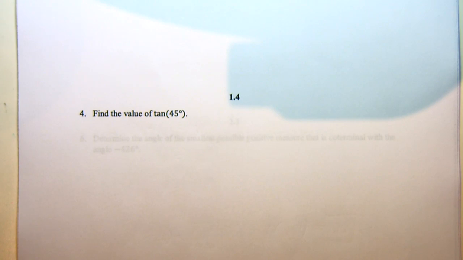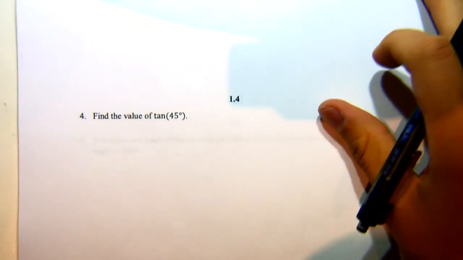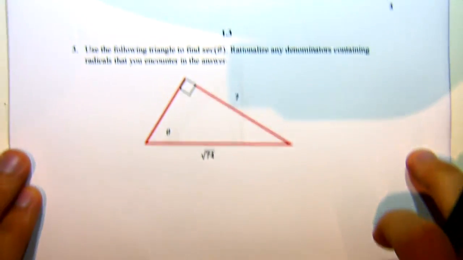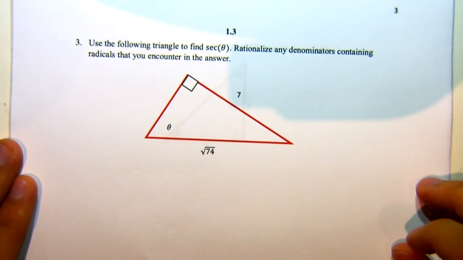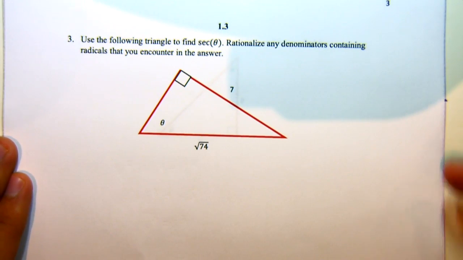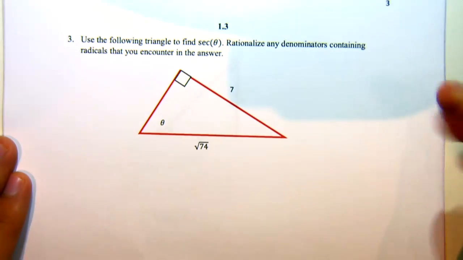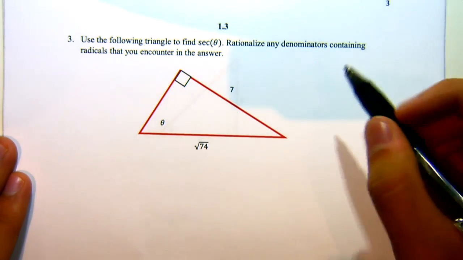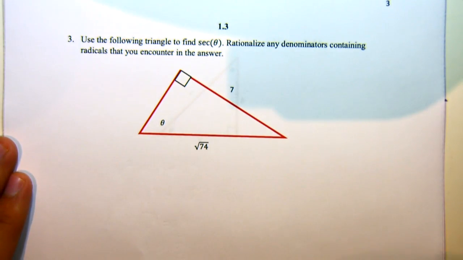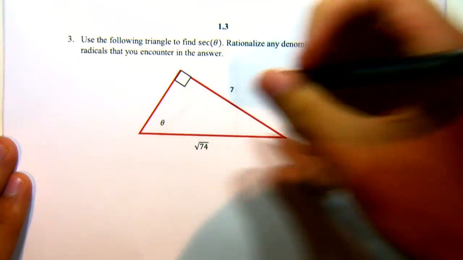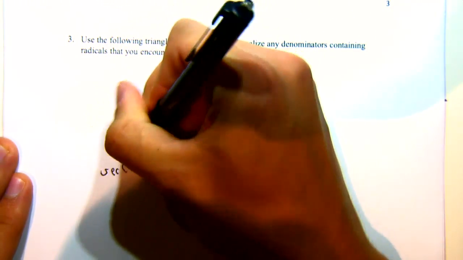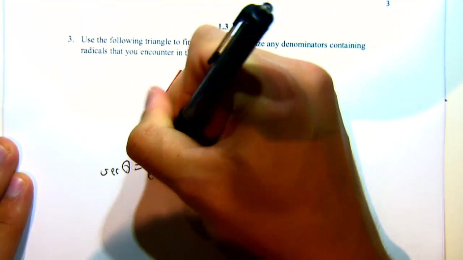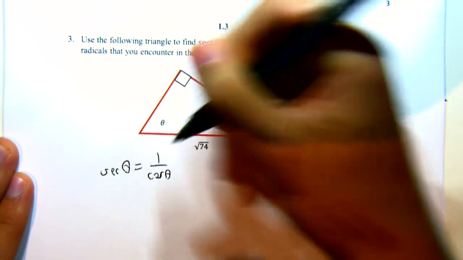Okay, so for this one, this is section 1.3, and we want to find secant theta. Secant theta is the reciprocal of cosine, right? So we know that secant theta equals 1 over cosine theta.